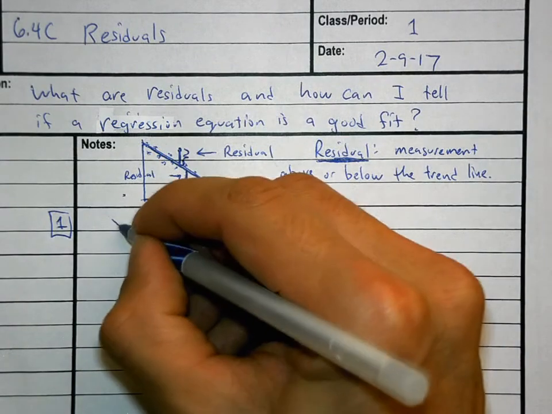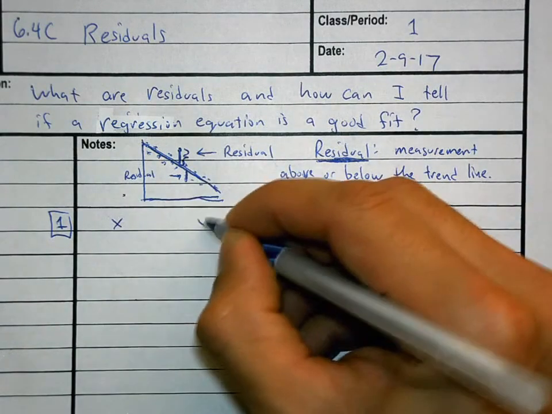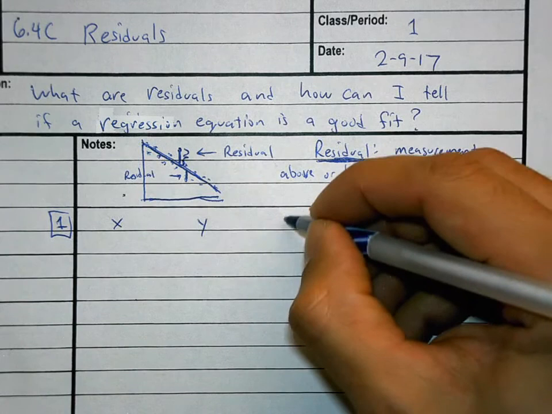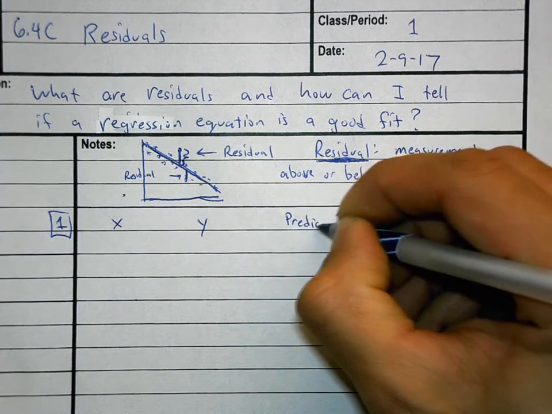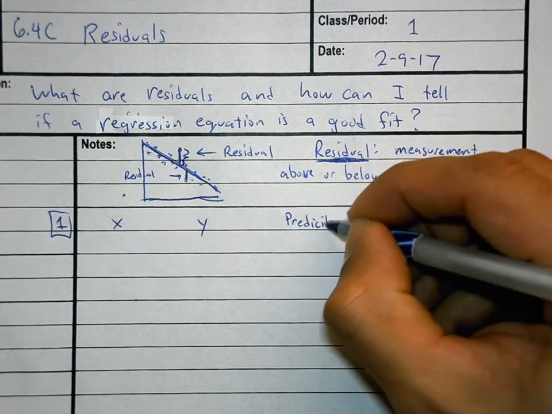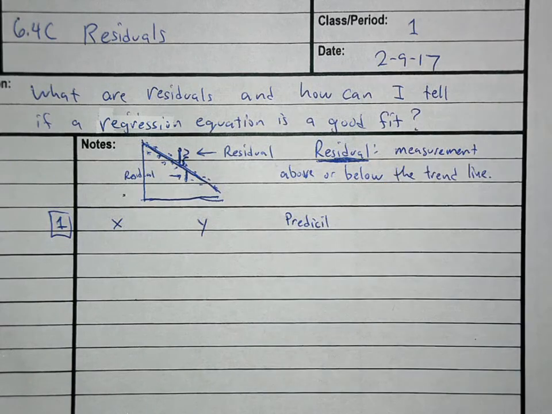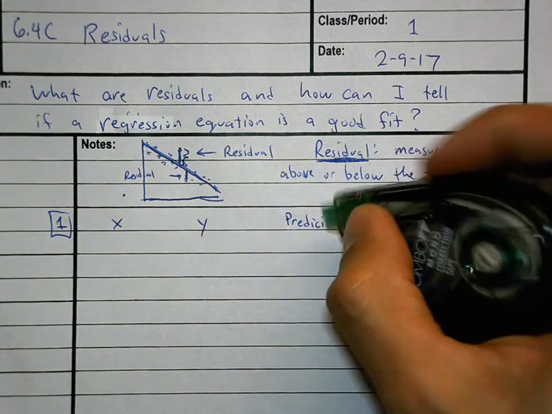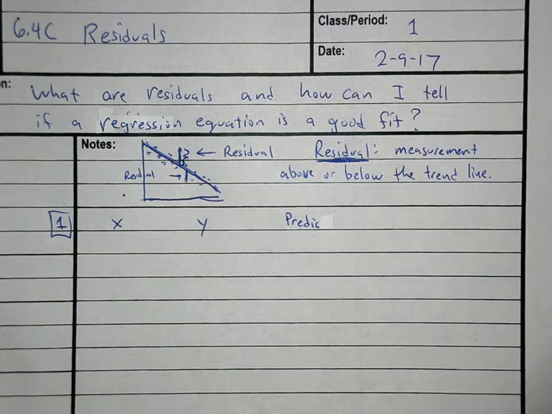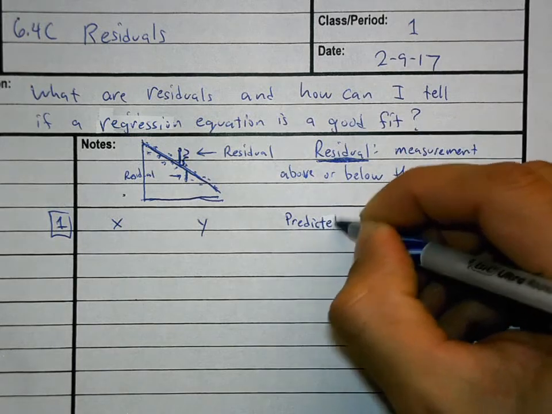There's an X column. There's a Y column. There's a predicted value column. Let me make sure I'm spelling this correctly. I'm not spelling it correctly. Predicted value.